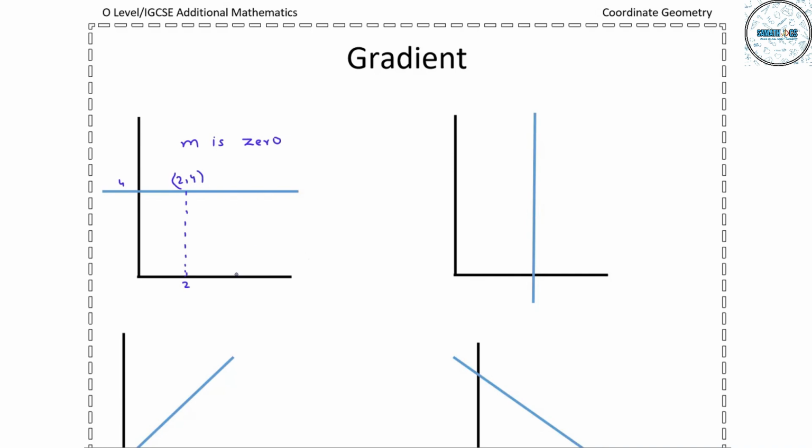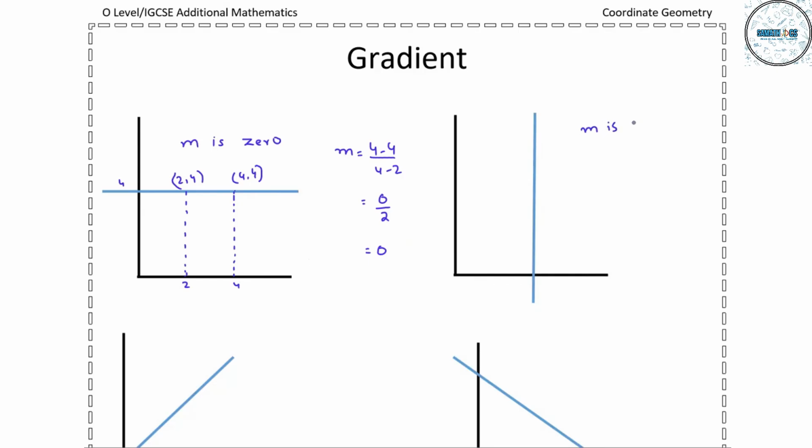Another point on this line is (4, 4). If we take out the gradient, gradient is equal to y2 minus y1 upon x2 minus x1. 4 minus 4 upon 4 minus 2, which is 0 upon 2. So it is 0.